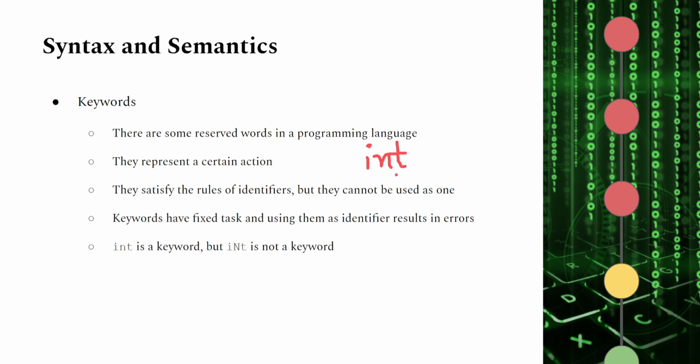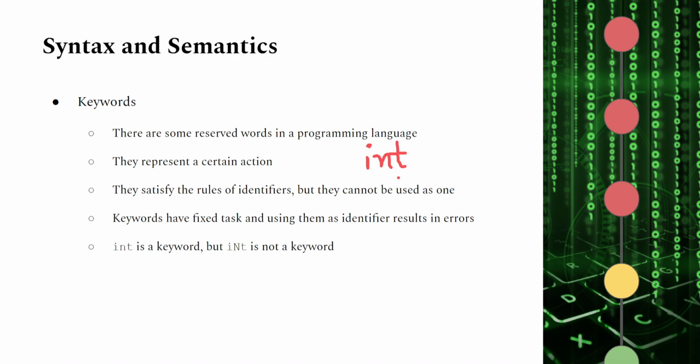According to the rules, yes, it is a valid identifier name because it contains letters, it has a length of 3, and it has nothing except letters. The first character is not a digit. It satisfies every rule, but it cannot be used as an identifier because it conflicts with one of the rules, that is, int is a keyword.